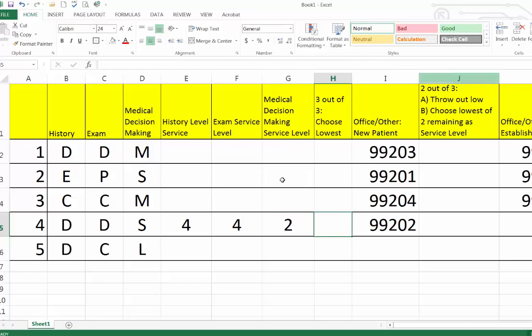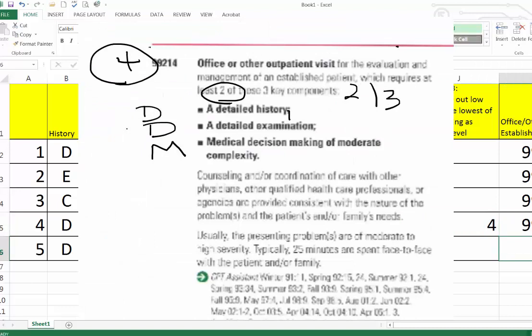So I've got 4, 4, 2. Now, I've got a two-step dance, so I must throw out the 2. And now I'm left with 4s. Go with the lower of the 4s, which is 4. So that is 99214. Let's do another one.